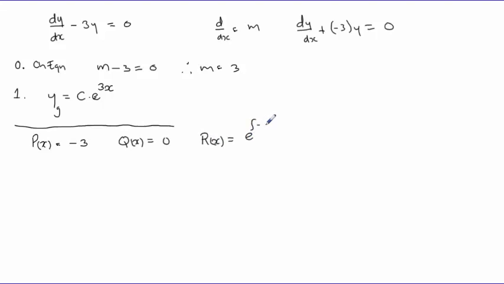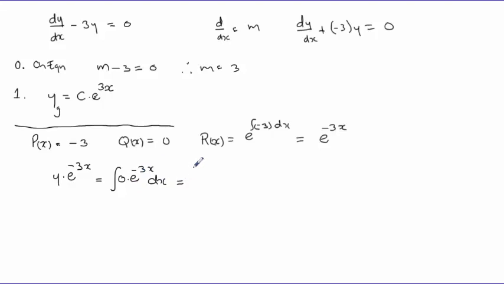In this case, this is minus 3 dx, and this gives us e to the power minus 3x. And then coming out, you say y times e to the power minus 3x is equal to the integral of 0 times e to the power minus 3x dx.